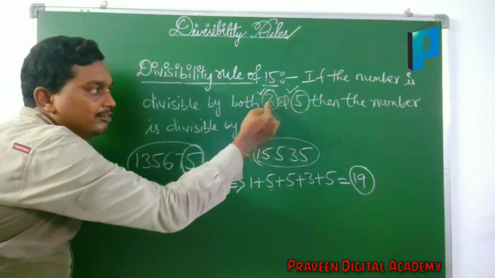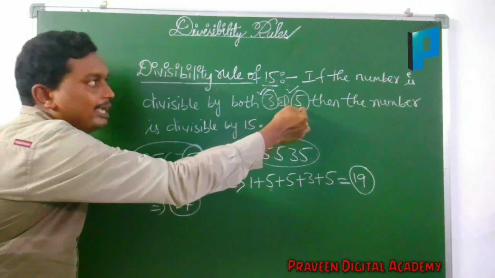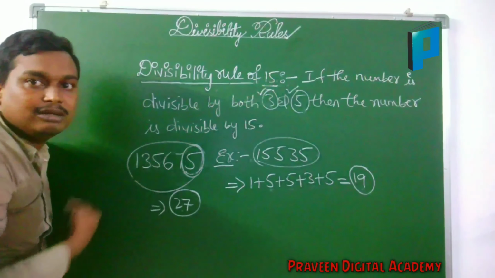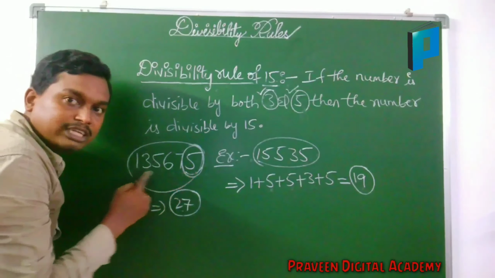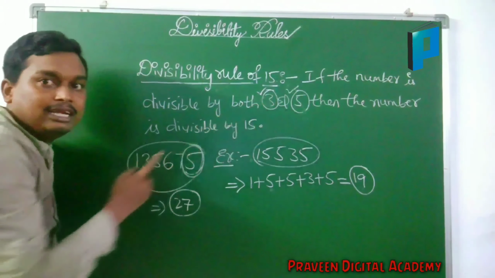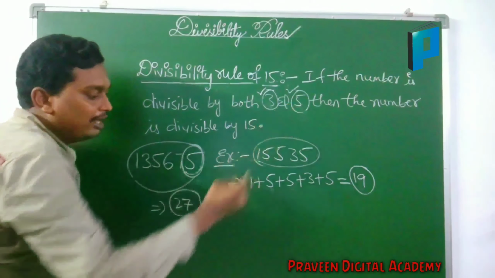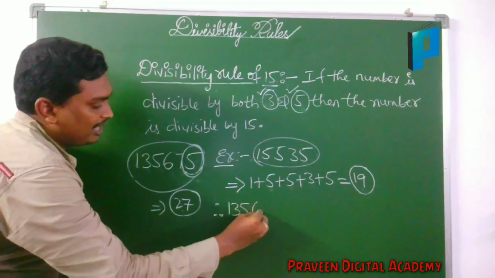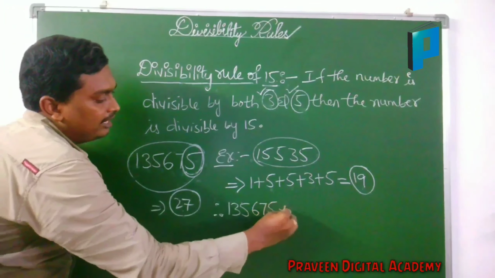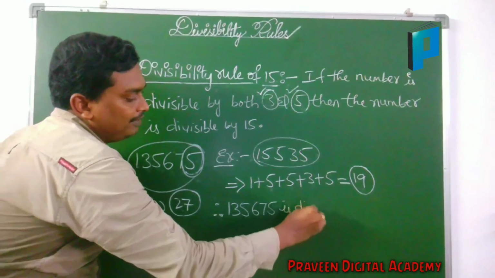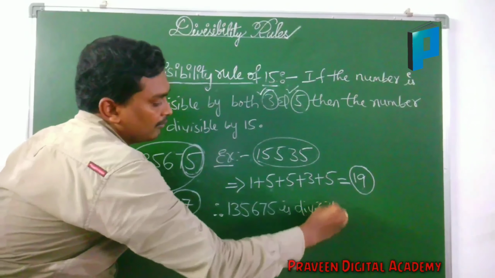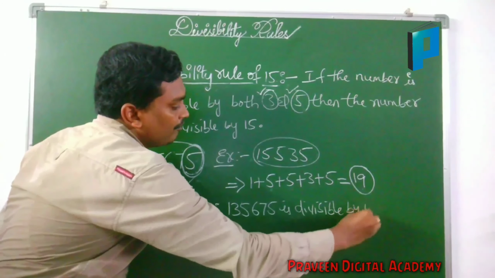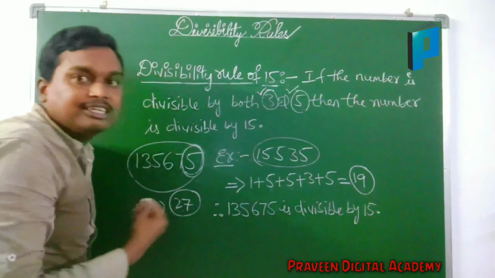If the number is divisible by both 3 and 5, then only the total number is divisible by 15. Therefore, this total number is divisible by 3 and divisible by 5. What can I say here? 135675 is divisible by 15.